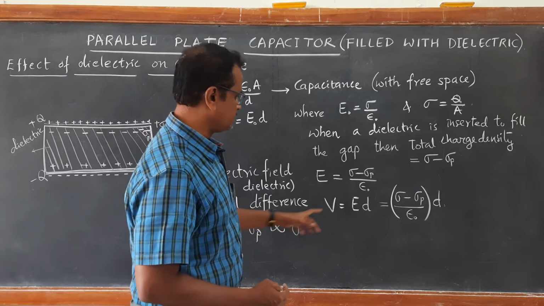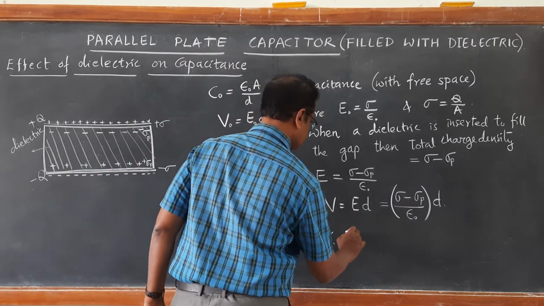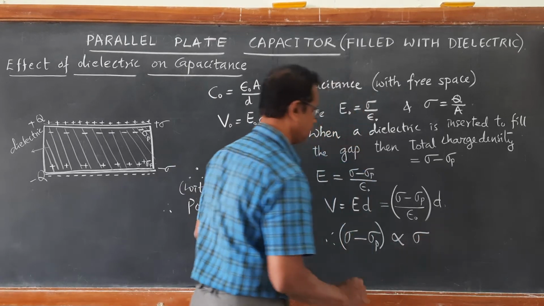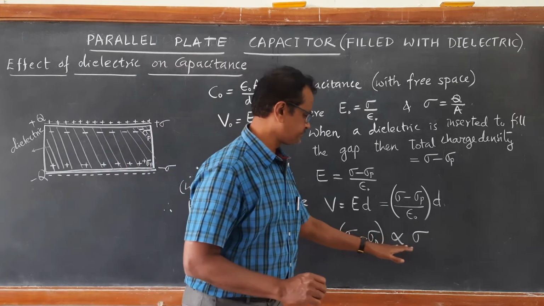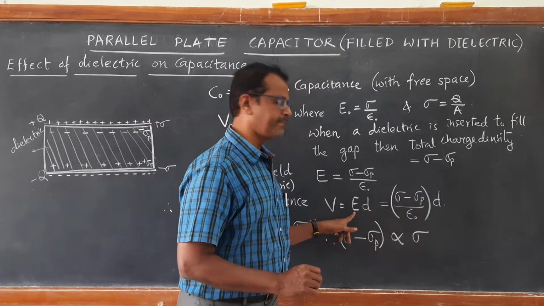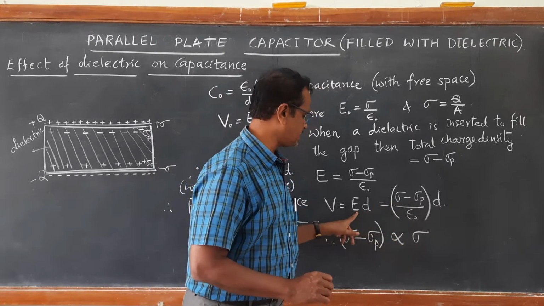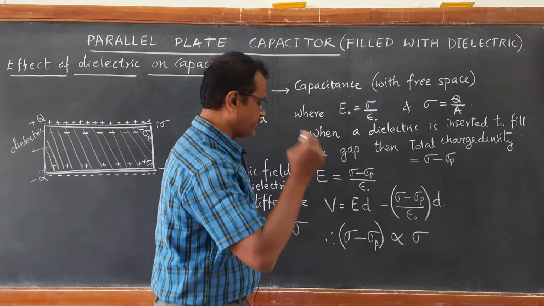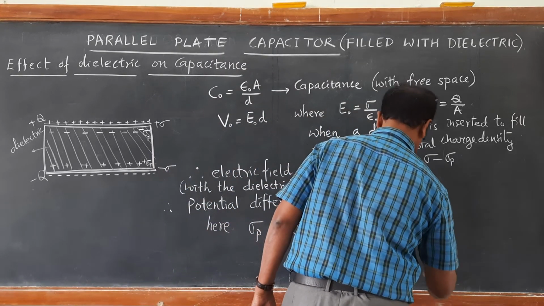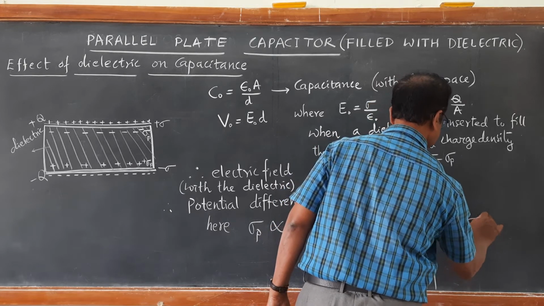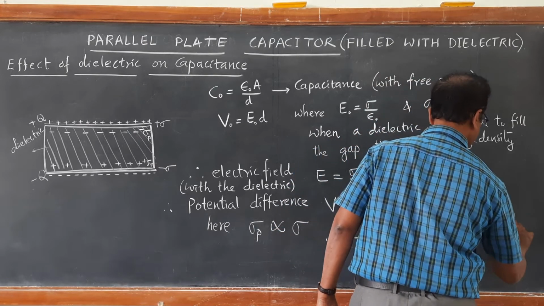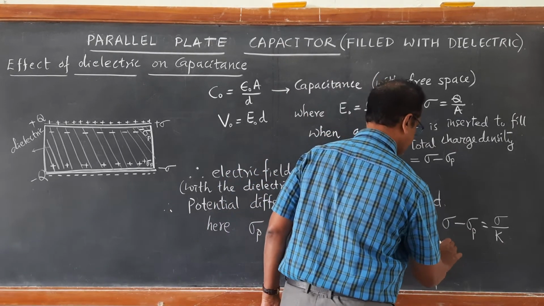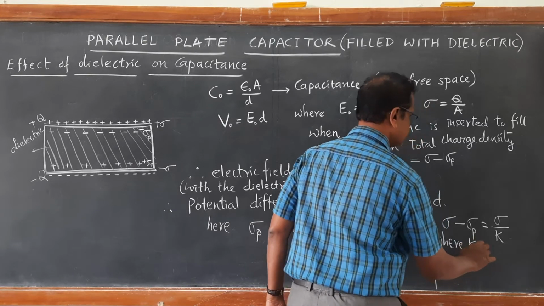Therefore, sigma minus sigma p is again found to be directly proportional to the initial charge density sigma, because sigma minus sigma p is directly depending on E, and sigma is directly depending on E. Now if we take out this proportionality sign, we get an important constant: sigma minus sigma p equals sigma upon a constant k, where k is a constant characteristic of that dielectric.